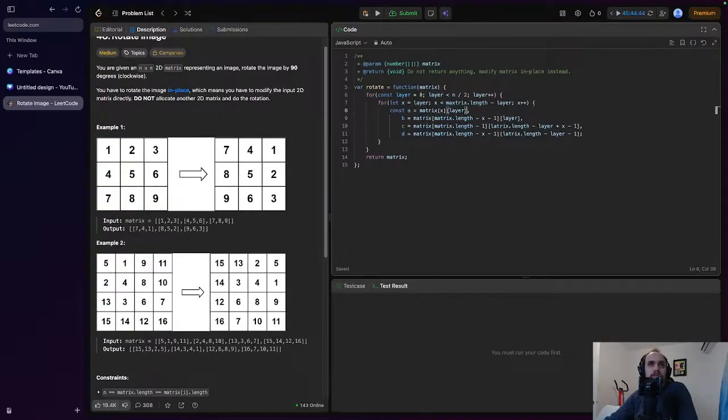Oh, I'm confusing things. So this is left to right. This should be top to bottom. So in that case, we should be adding X here.